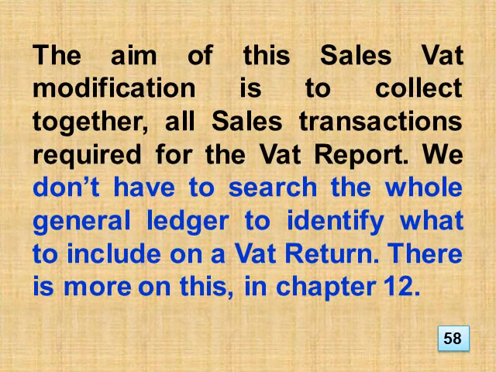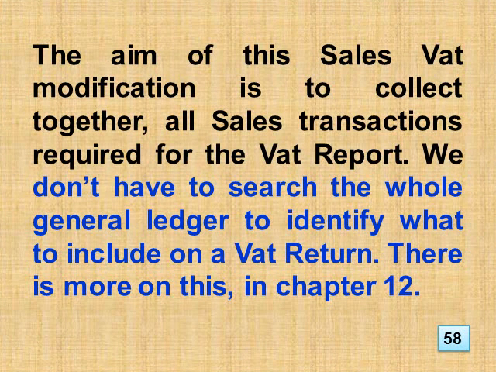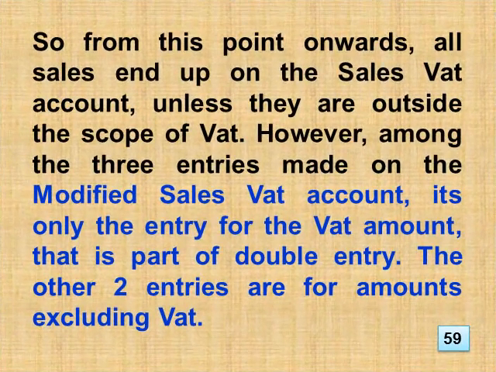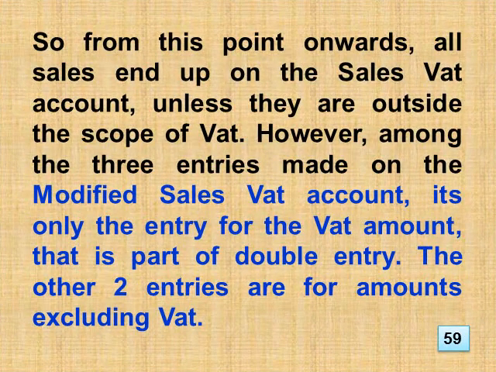The aim of the sales VAT modification is to collect together all sales transactions required for the VAT report. We don't have to search the whole general ledger to identify what to include on a VAT return. There is more on this in Chapter 12. So from this point onwards, all sales end up on the sales VAT account, unless they are outside the scope of VAT.